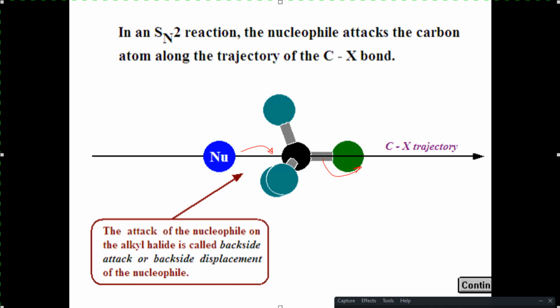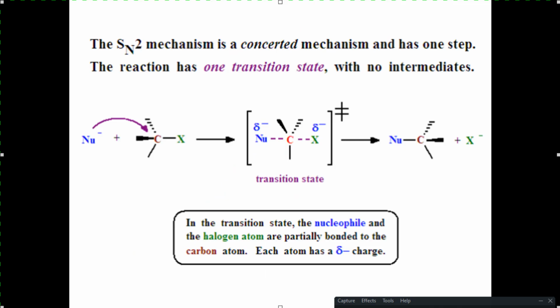Now the nucleophile has to attack from behind the carbon-halogen bond, and that's why it's called backside displacement. We know that's the case because of our experiments and because of the stereochemistry, which we'll get into in a few minutes. Okay, so that is the backside displacement.